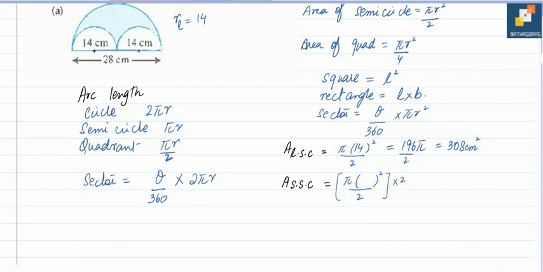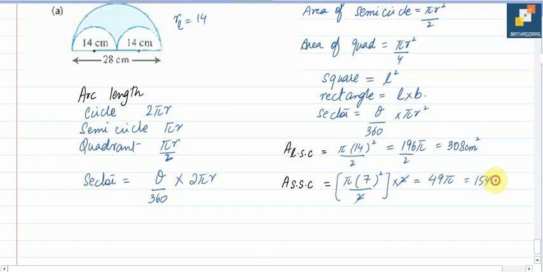Now the diameter is 14, so the radius is 7, right? 2 and 2 cancel each other, so it's 49 pi. And when you multiply 49 with pi, it's 154, right?